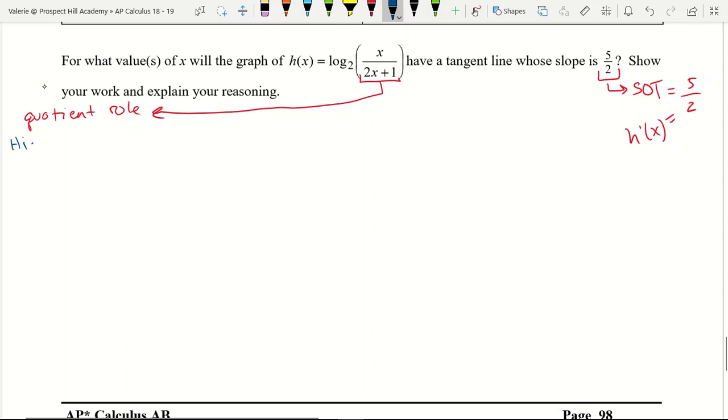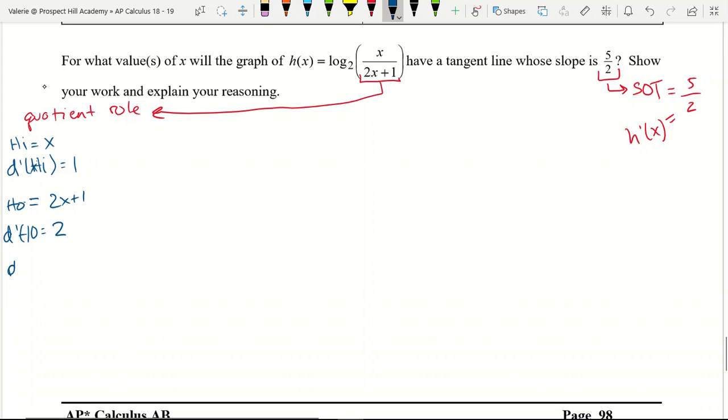So my high function is x. The derivative of my high function is 1. My low function is 2x plus 1. The derivative of my low function is 2.